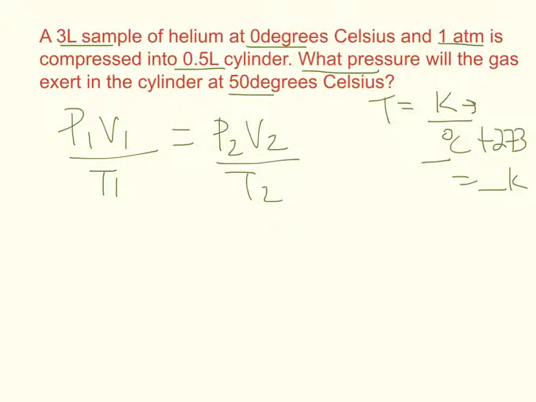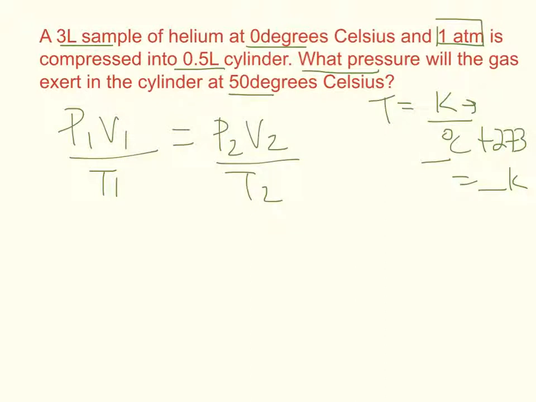The second thing is that the question itself is asking for pressure and it doesn't ask for what kind of pressure. So our initial pressure is given to us as atmospheres, but you might have questions that give you torr, and you have to move it into atmospheres or other things, or PSI for instance. So if we were to need to do those conversions, we would give you the conversion units for that. So in terms of this question right now, we don't have to worry about that.